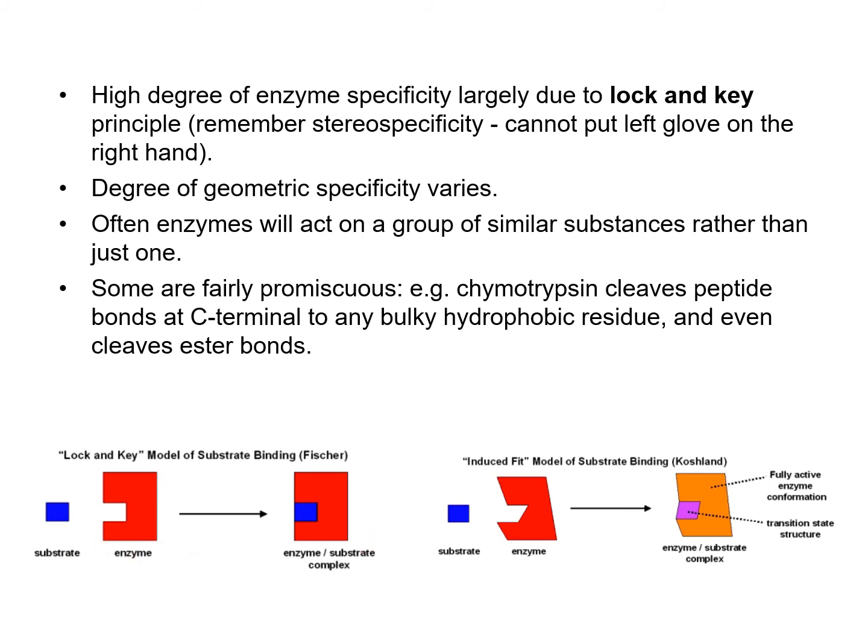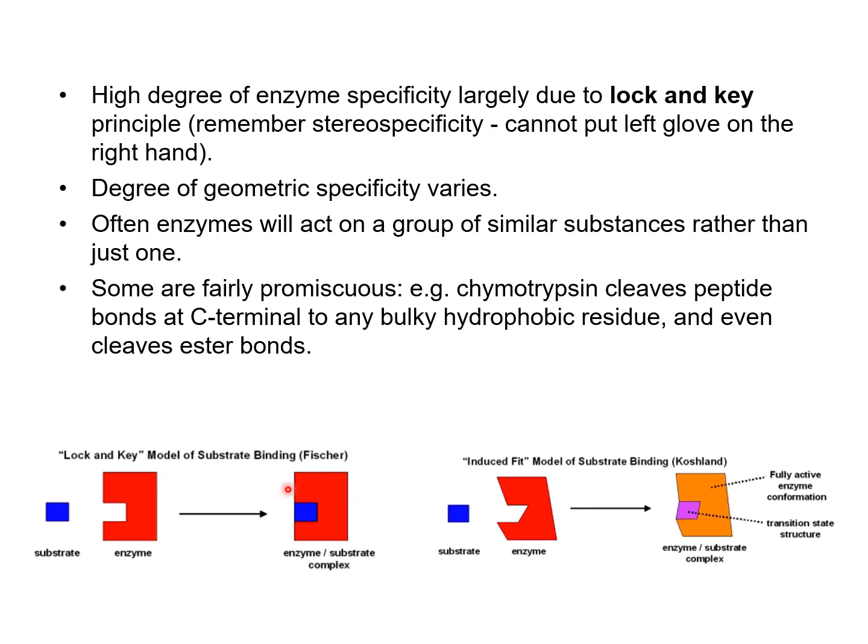So again, remember the stereospecificity, where it has the handedness basically. But the degree of geometric specificity varies depending on the structures of the active sites as well as the substrates that they're binding. But often enzymes will act on a group of similar substances rather than just one particular substance.